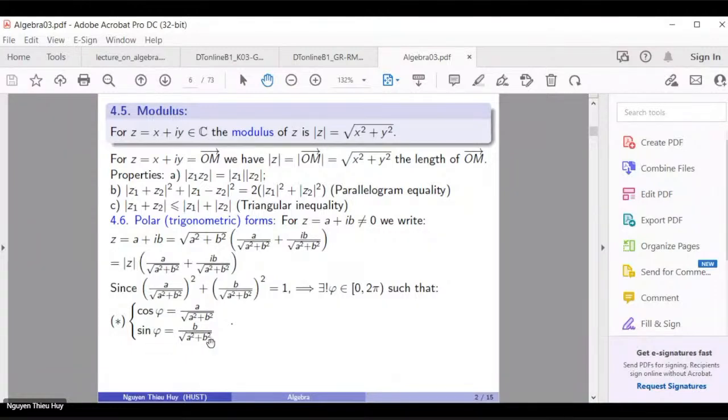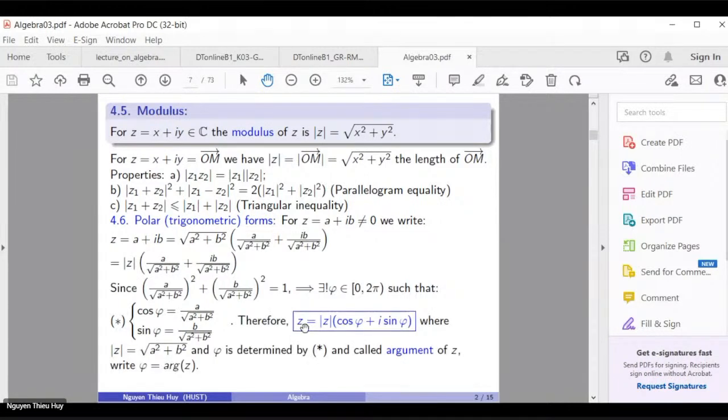And now plug this into the formula of z here. So you obtain z equal modulus of z multiplied by cos of phi plus i sine of phi. So let's write this down here. And modulus of z is, by definition, the square root of a square plus b square.